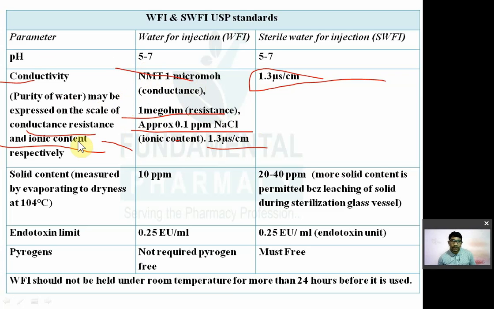ठीक है, आयनिक कंटेंट ये ज्यादा होगा, सोडियम क्लोराइड तो उसका कंडक्टिविटी क्या होगा, ज्यादा रहेगा. So approximately 0.1 ppm NaCl.